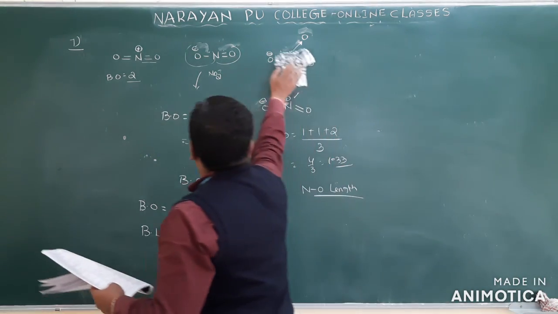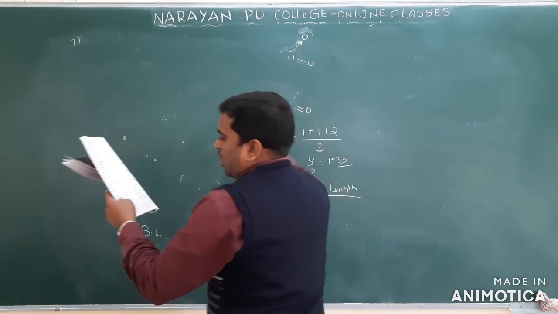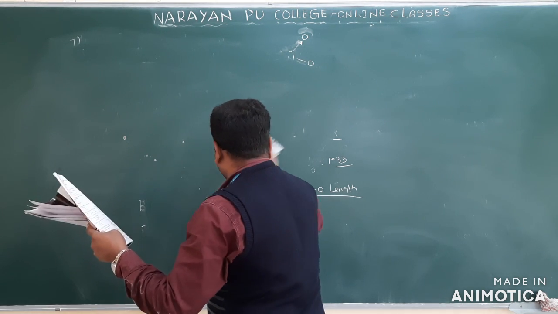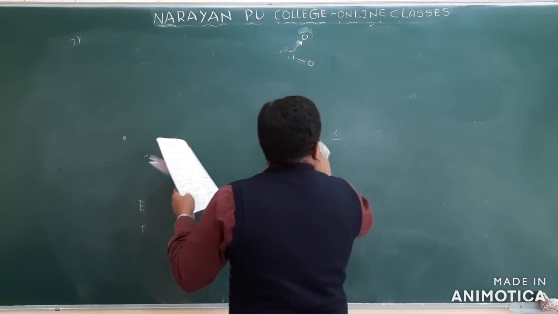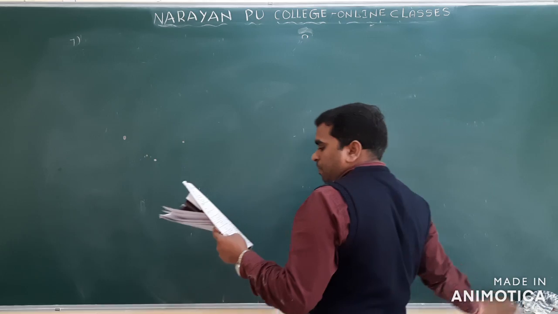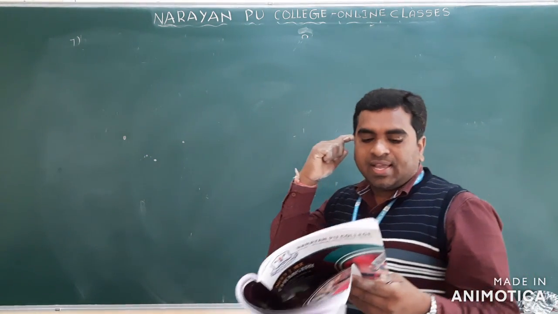Coming to question number 9. What is question number 9? In which of the following molecules are all bond lengths equal? See over here, they are asking which is not equal.